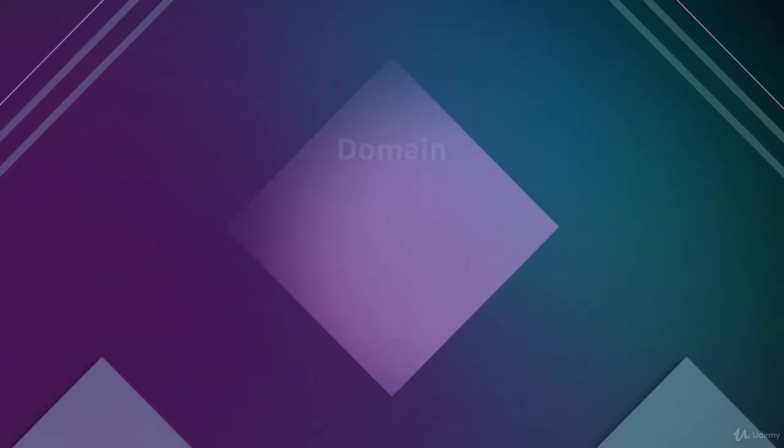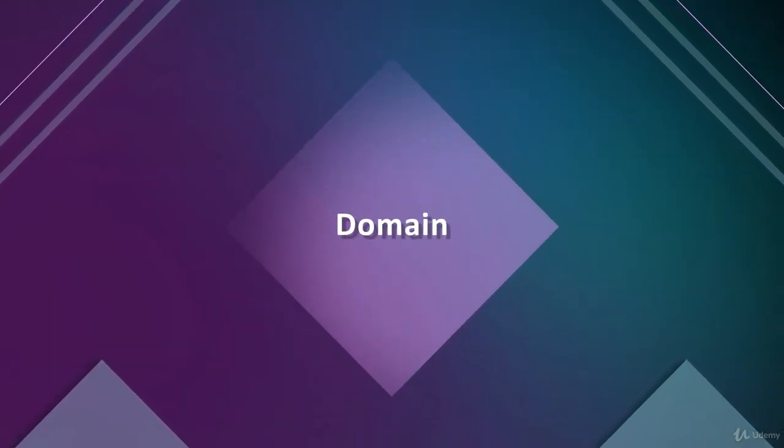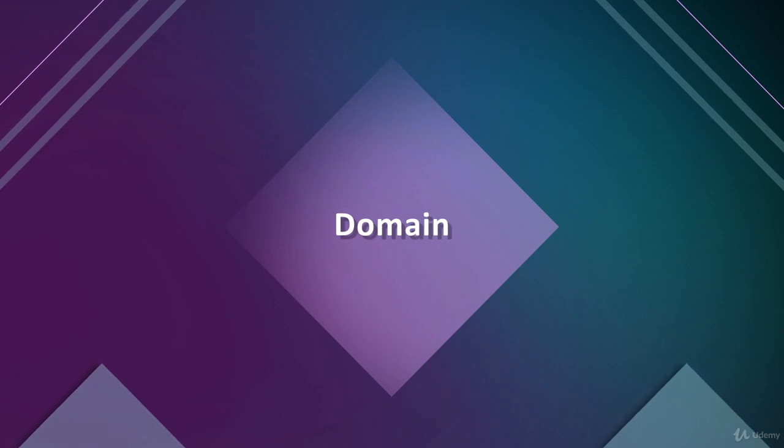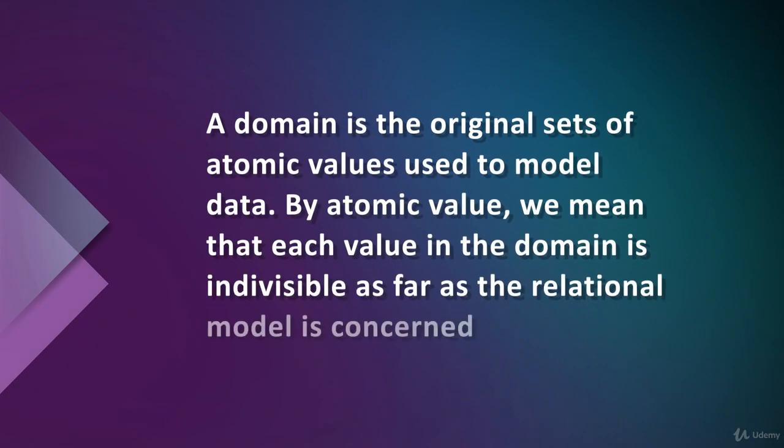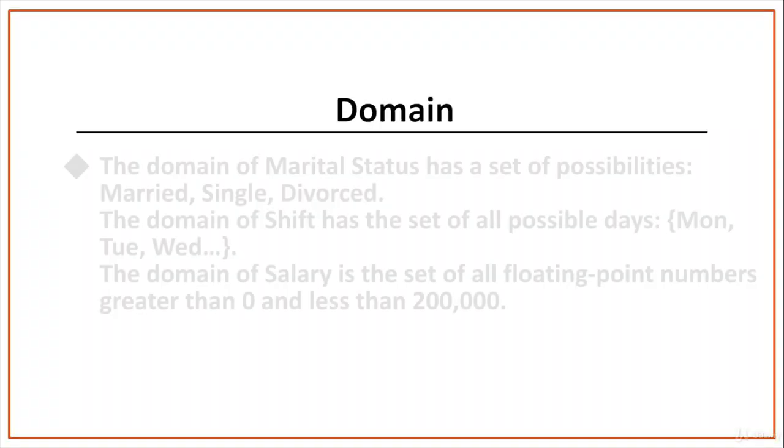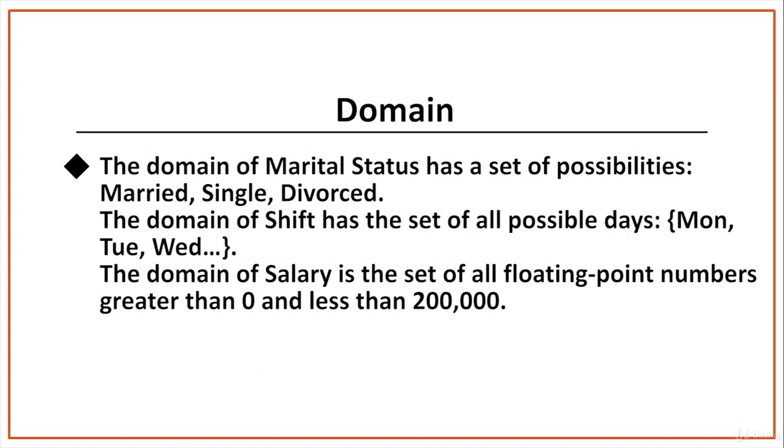And then we move to domains. A domain is the original set of atomic values used to model data. By atomic value, we mean that each value in the domain is indivisible as far as the relational model is concerned. For example, the domain of marital status has a set of possibilities: married, single, divorced.